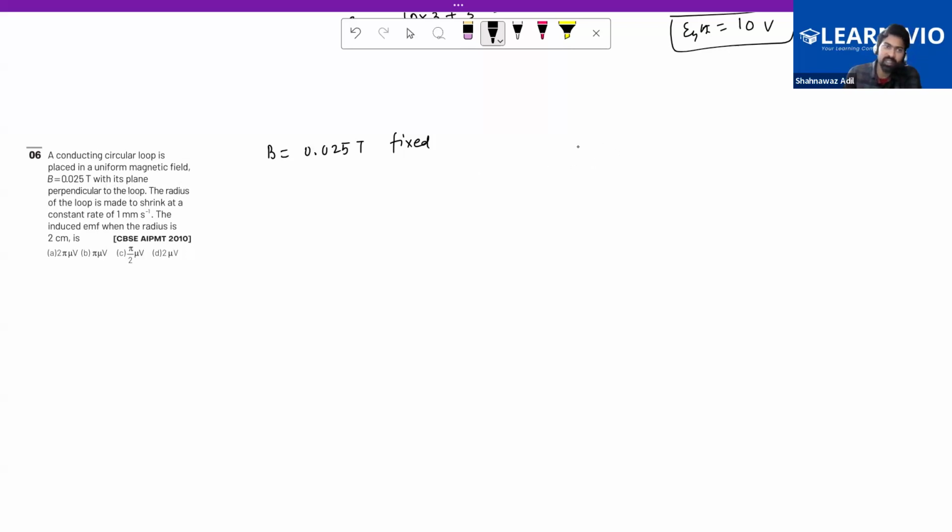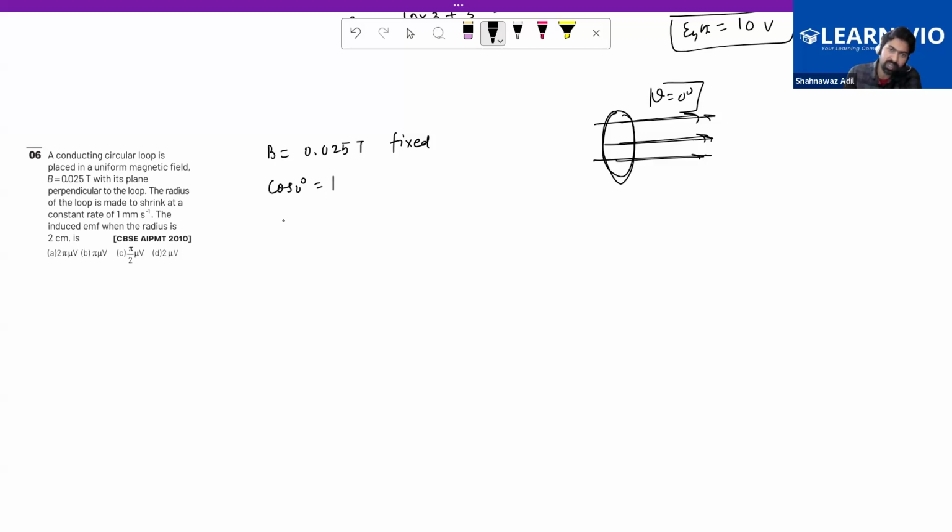So the magnetic field is perpendicular to this plane. This is the plane and this is perpendicular. So the direction of this area, this is also in the same direction, right? So the angle is 0 degree. So cos theta is 1. So cos 0 is 1.